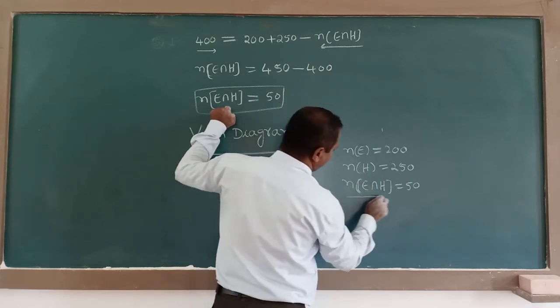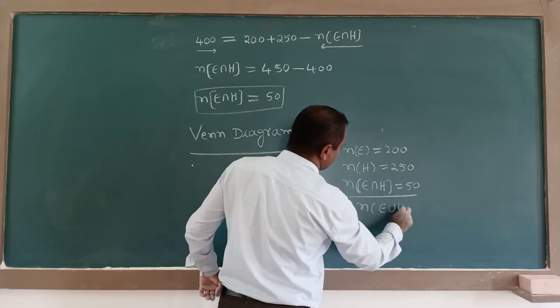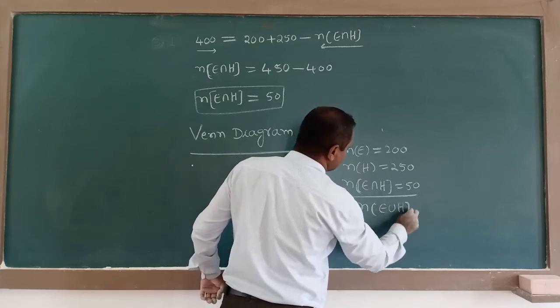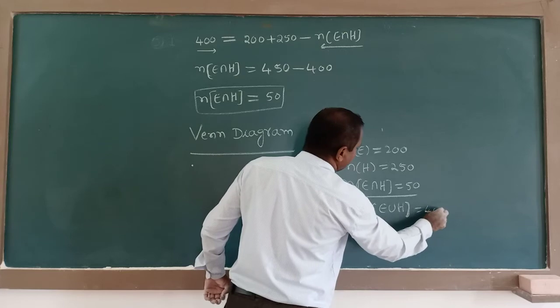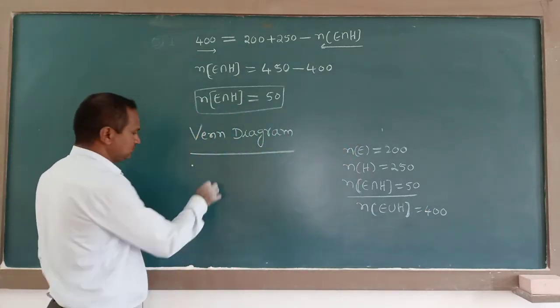And finally, with the help of this, we should get n of E union H is equal to 400, adding all the numbers. See here, the Venn diagram.